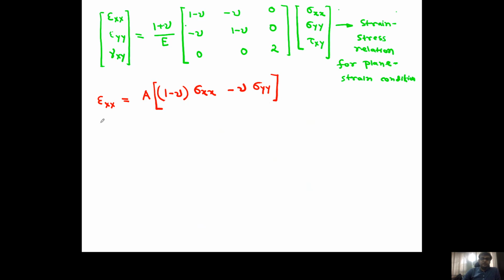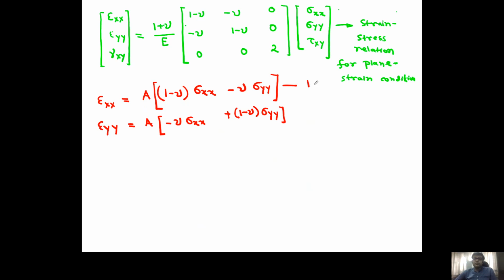That is epsilon xx. Epsilon yy, what about epsilon yy? That is a, let me write it like minus nu, then there is this sigma xx plus 1 minus nu sigma yy.